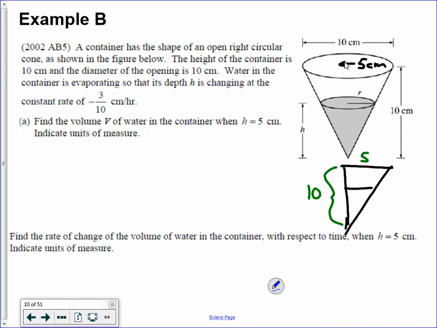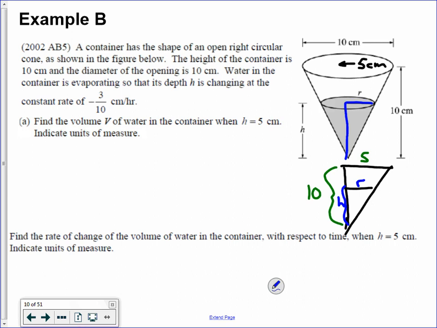And with the triangle created by the water, the water has a radius of R and a height of H. Can you see that or no? See those slices? You see those similar triangles now?